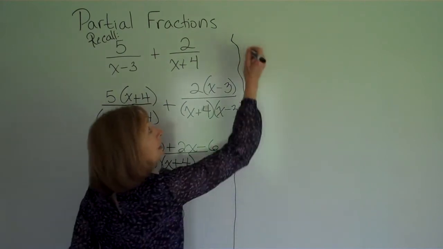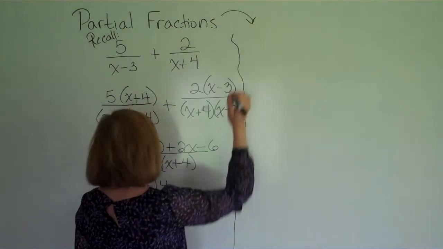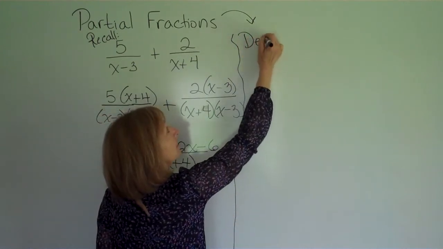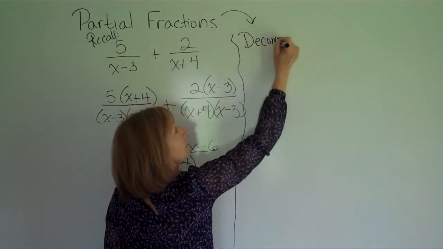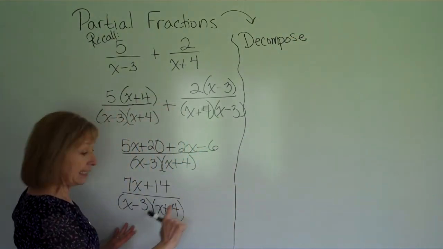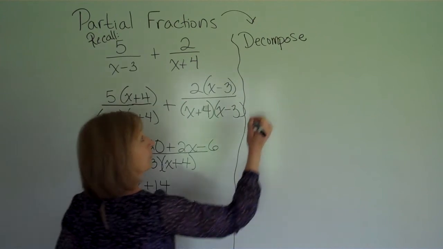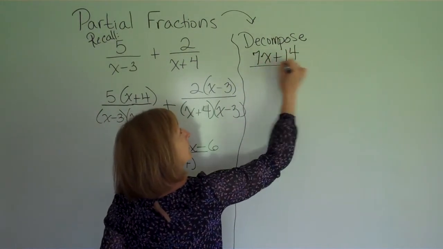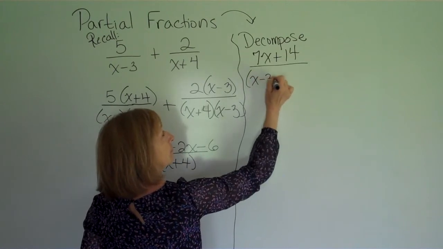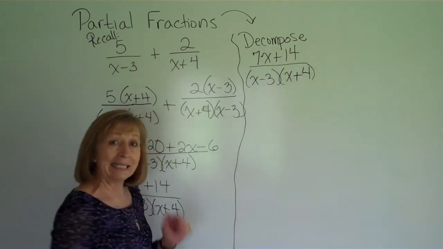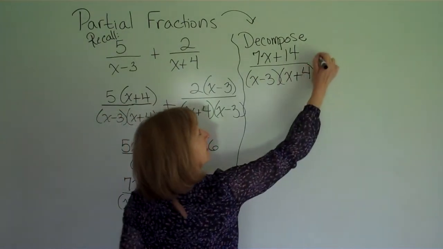Now if we were starting to do our partial fractions, and the question actually asks us to decompose this 7x plus 14 over x minus 3 times x plus 4 into partial fractions.